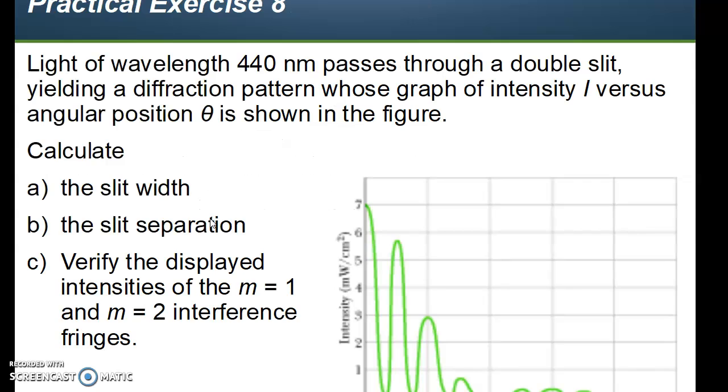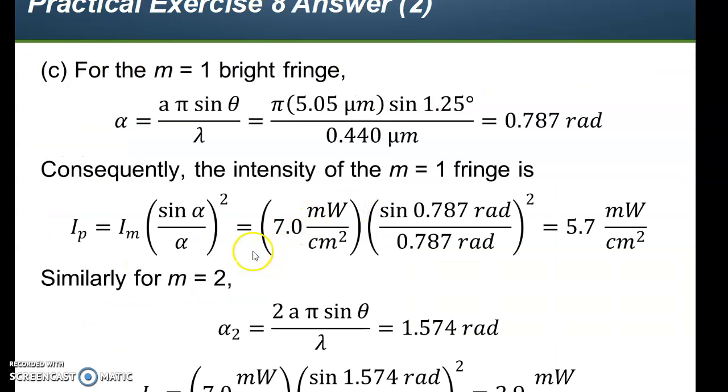Looking back at the graph, I0 is at 7 milliwatts per square centimeter. Sine of this in radians divided by 0.787 radians, alpha, squared, is 0.57 milliwatts per centimeter squared.